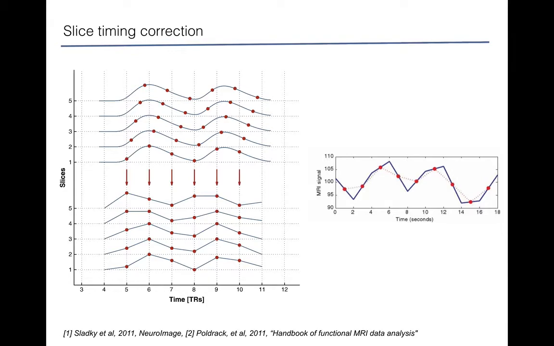So what we need to do is find a reference slice and then align all the other slices to that reference slice, as if we collected all of them at the same time. In order to do that, we have to interpolate the time points that are missing. For example, on the right figure, the blue curve is what is originally collected, let's say at times 0 to 4 and so on.